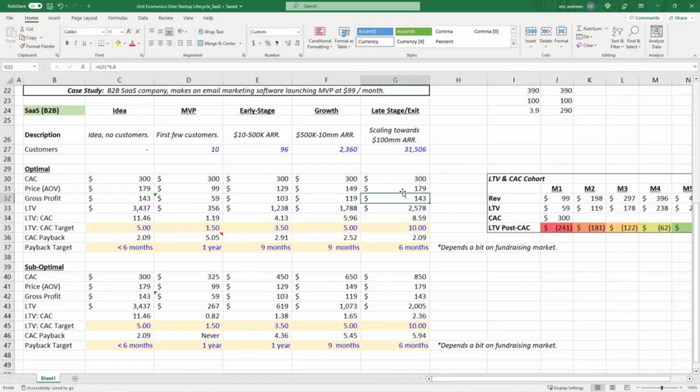That has allowed us to have $143 of gross profit per order, and we've extended the customer lifetime to an average of 18 months. So now we're at an LTV to CAC ratio of 8.6. And so in this phase, if you can have an LTV to CAC ratio of 5 to 10, then that's fantastic. And if you can pay back your CAC in 6 months or less, then that puts you in a really, really strong position.